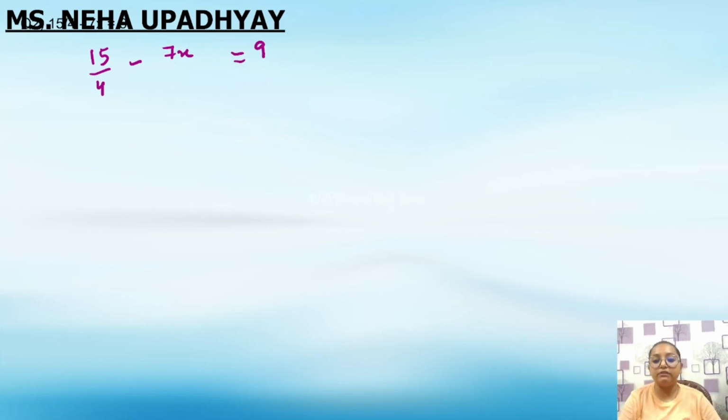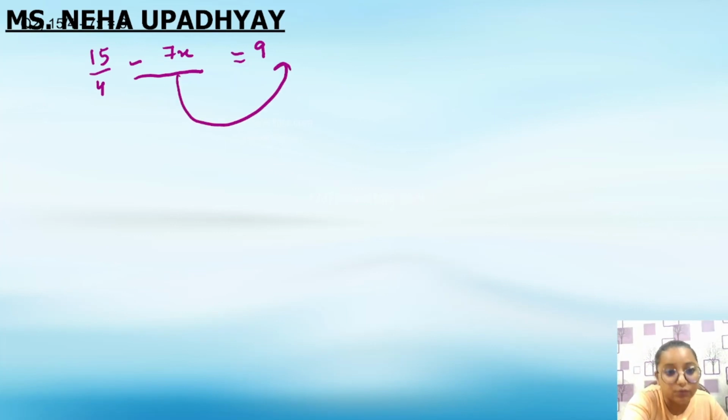All right. It says 15 by 4 minus 7x is equal to 9. Now tell me what we can do. We can transpose this number to the right side, and this number also to the right side. So let's transpose minus 7x. If we transpose minus 7x to this side, what will happen? 15 by 4 is equal to 7x plus 9.